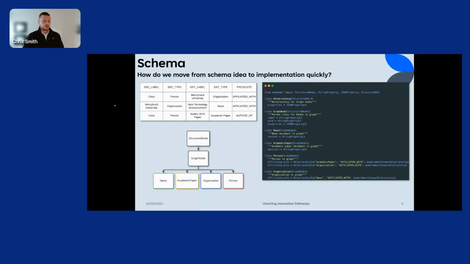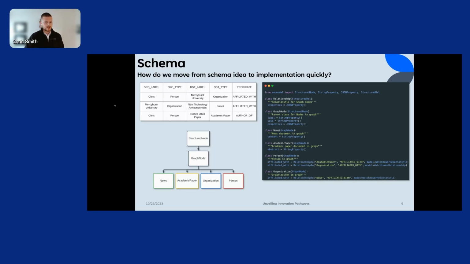As you look at the graph node class, this is what's so great about that object inheritance model that we just built: if we know we have properties like a label, like a unique identifier that are going to be carried down into all of our node types, we can pack that into that parent class there, and then just inherit those properties downstream when we implement news, academic paper, person, and organization.